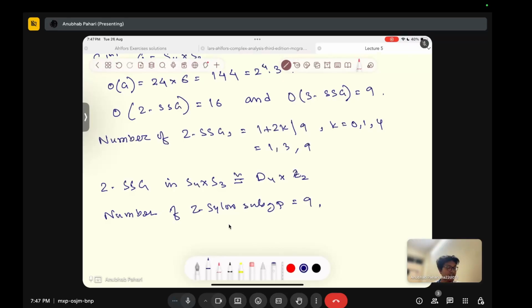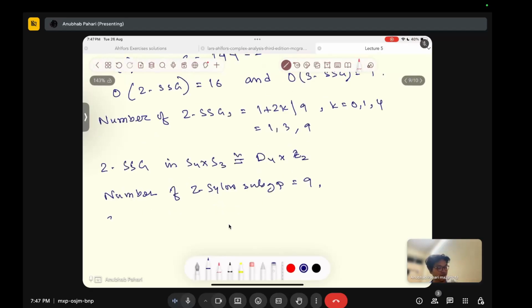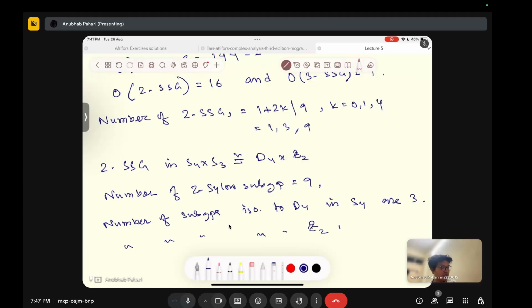And how many subgroups like D4 in S4? So that is the trick, I think. The number of subgroups isomorphic to D4 in S4 should be 3, and the number of subgroups isomorphic to Z2 in S3 is 3, right?